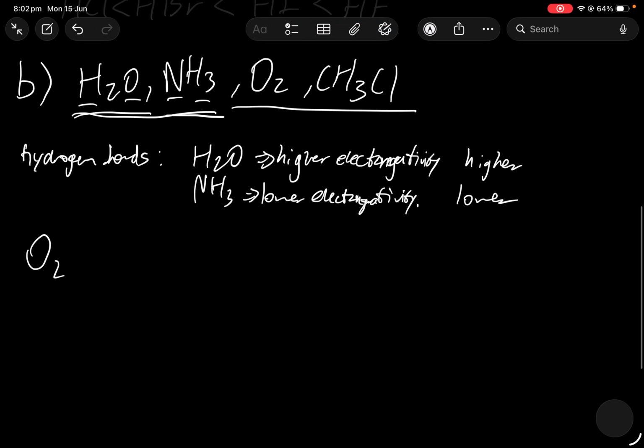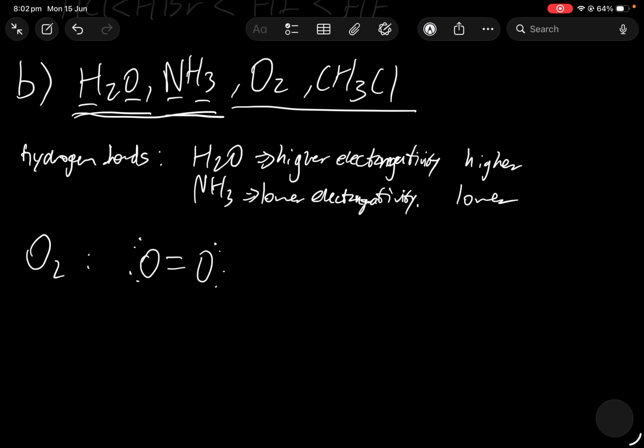Let's look at O2 first. Oxygen has 6 valence electrons, so it's group 16, which means it has 2 bonds. So it's like that: 1, 2, 3, 4, 5, 6. Yep, that's right.